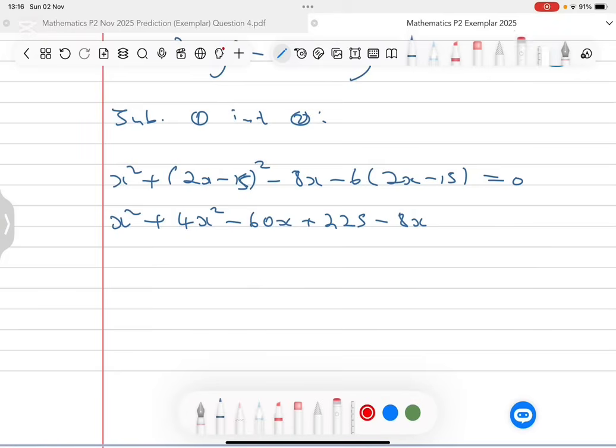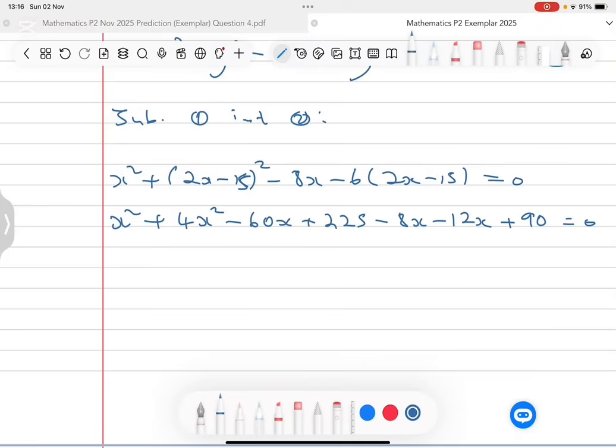Then we are going to do the distributive property here, where we're going to have negative 6. No, this is not negative 6. It's actually going to be a negative 12x, because the 2 and a 6 gives me 12. And a 6 times a 15 is going to be a positive 90. And this is equal to 0.